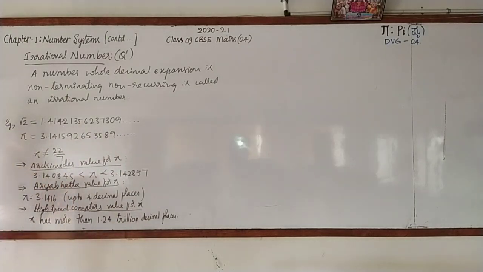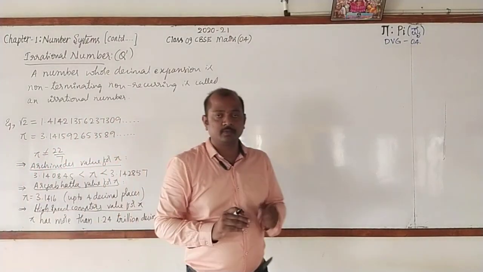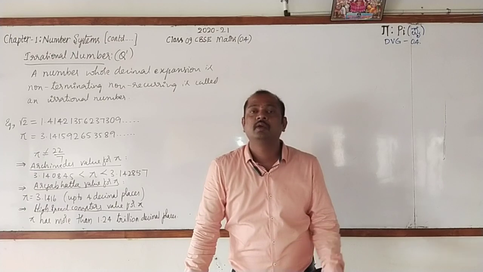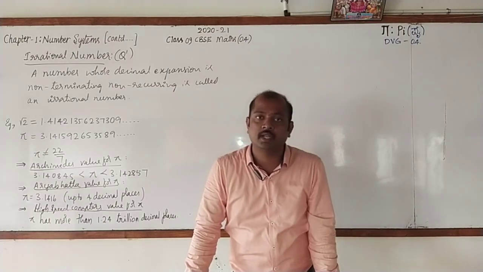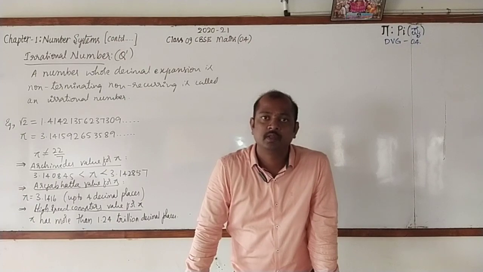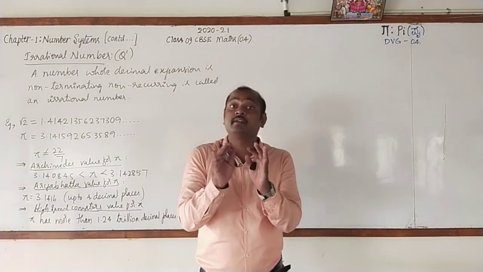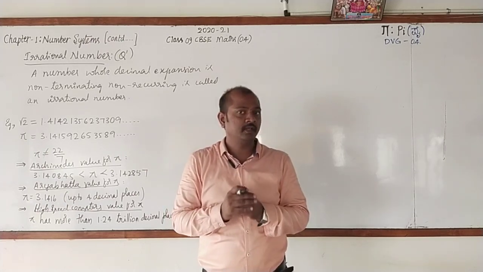Written up. Okay. Dear students, listen to me carefully. In the beginning of this chapter, we have learned how to write a rational number between two rational numbers. Now, let us learn how to write an irrational number between rational numbers. Clear?